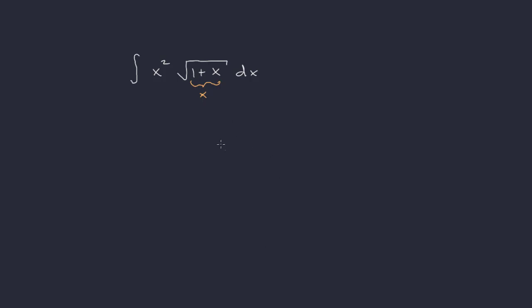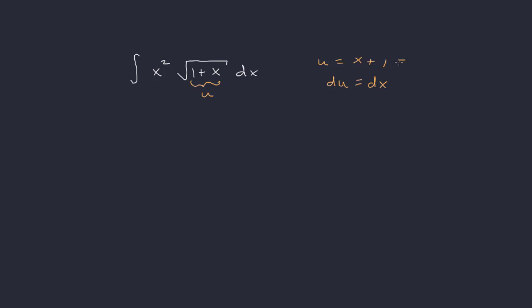I'm going to let the stuff underneath the square root be u. That's often what I try first: let u be x plus 1, or 1 plus x. Du in this case would just be dx. And that's still not going to fix this x squared over here.